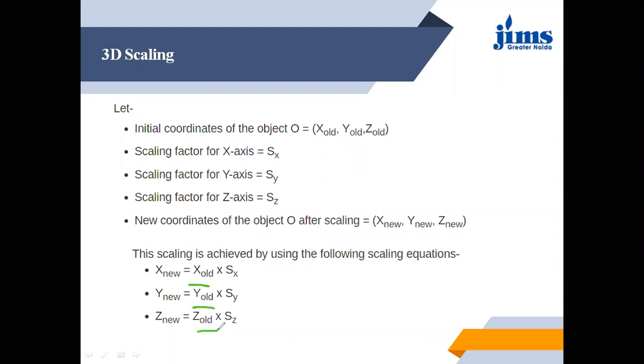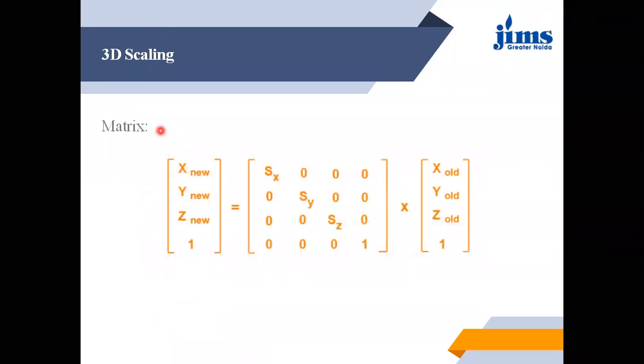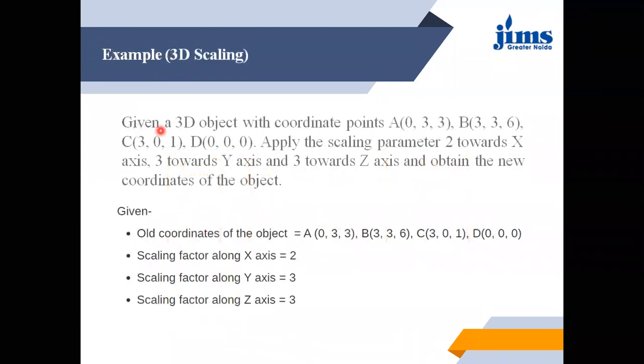We only have to multiply by the scaling factors, that is sx, sy and sz, on the x, y and z axes respectively. We also discussed one example based on this, so I hope it is very clear from the example.